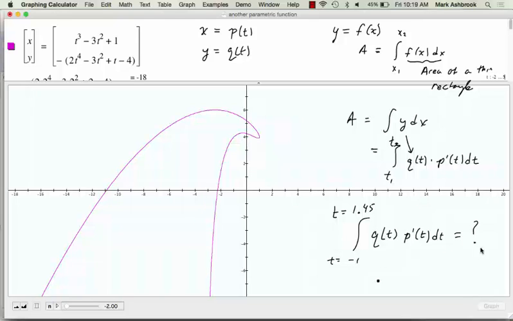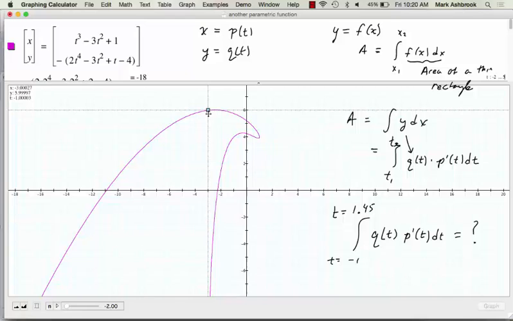So let's take a look at t equals -1. It looks like at t equals -1, x equals -3.